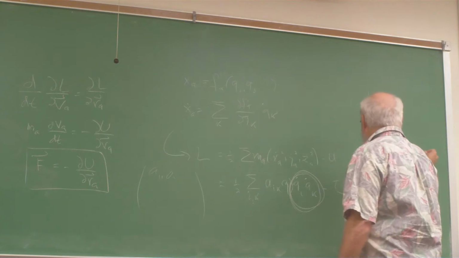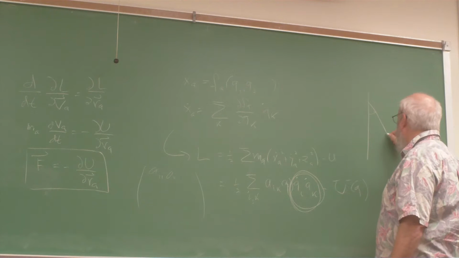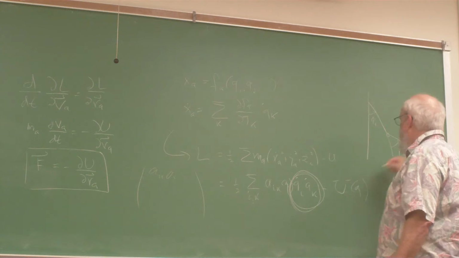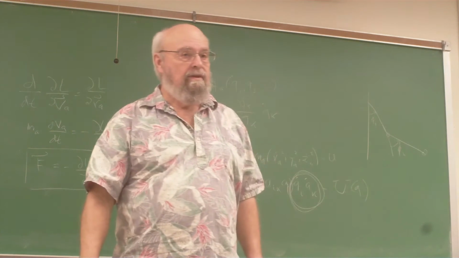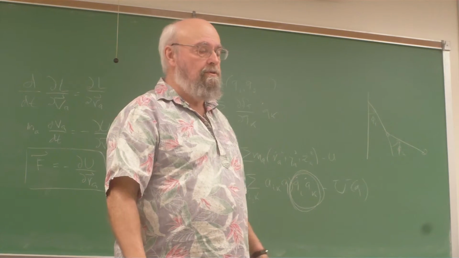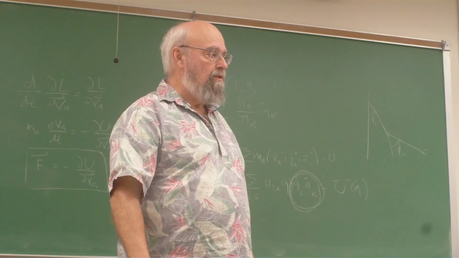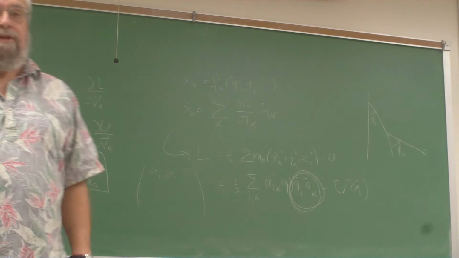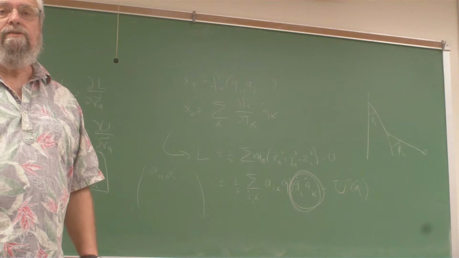If you set this thing up in X and Y, it's going to be a bit messy. It turns out that a better set of coordinates is this set, which specifies the whole system with just, if I tell you those two numbers, you know where the pendulum bob at the end is explicitly, with no ambiguity. That's a nice system, and I didn't have to go finding the two sets of X's and Y's.